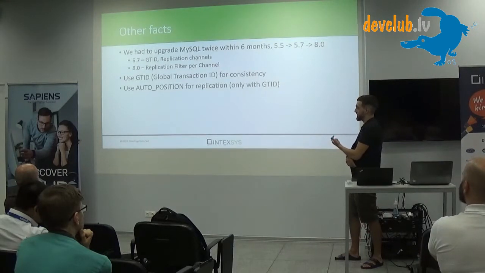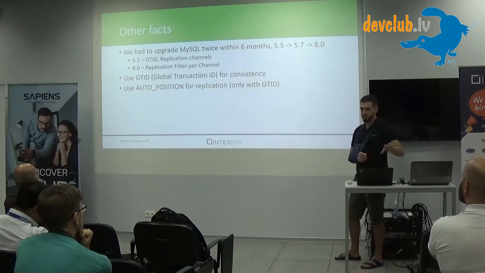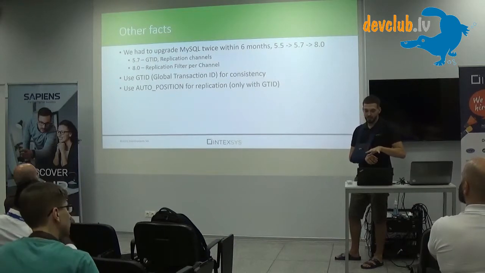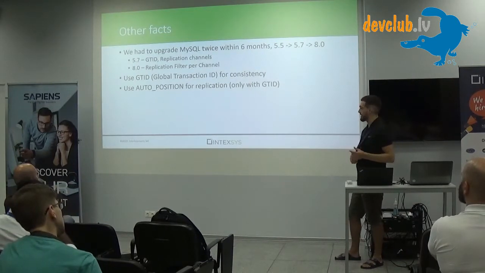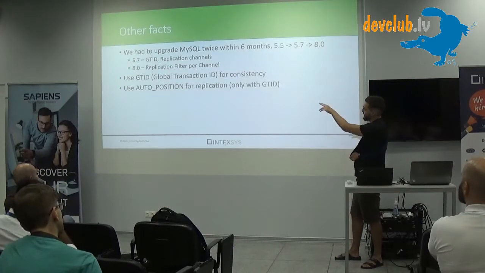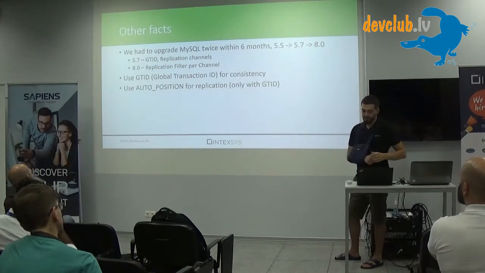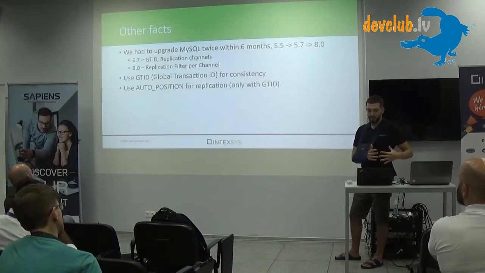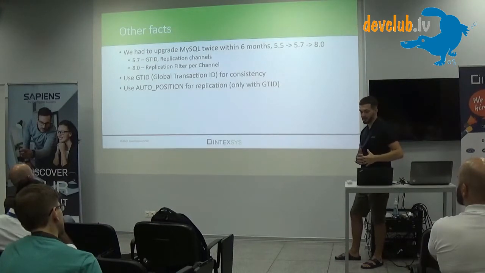In MySQL 5.7, or even from 5.6, you are able to replicate your data from multiple sources, and you can easily control or turn off this replication by using channels. And we upgraded to 8.0 only because of filter replication per channel. As I told, we have data that we need to synchronize and data that we do not need to synchronize.